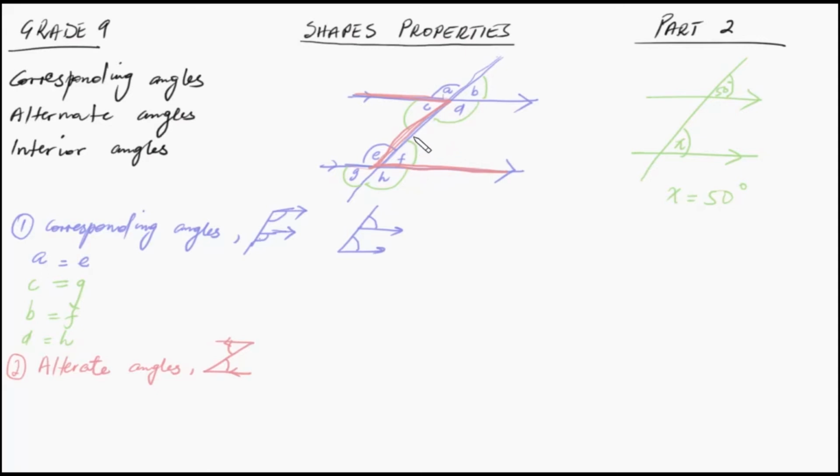So now this angle and this angle are alternate, so they are equal. So C equals F. They are alternate angles. All right? What else? Can you see this Z here? This one.